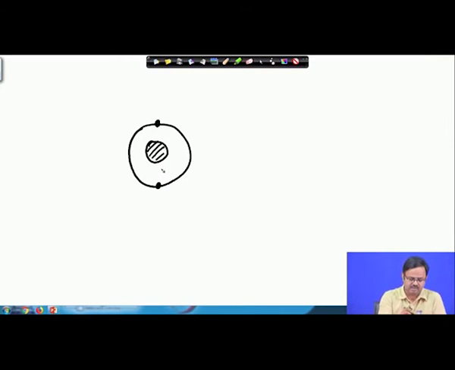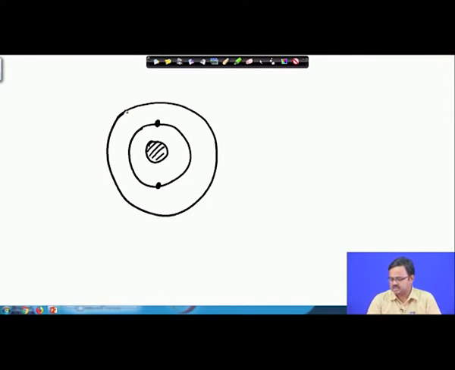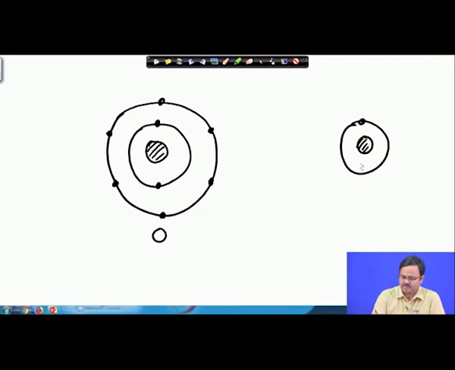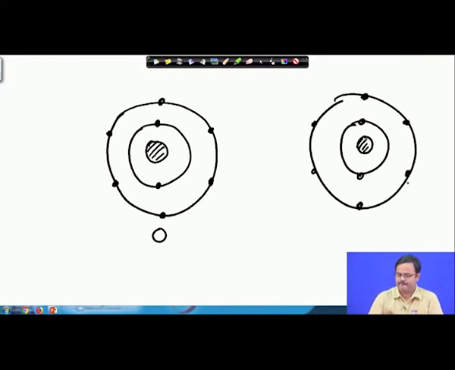Sorry, I misspoke. This is oxygen, and this also is oxygen, with 6 electrons on the outer shell, 1, 2, 3, 4, 5, 6. What is silicon?